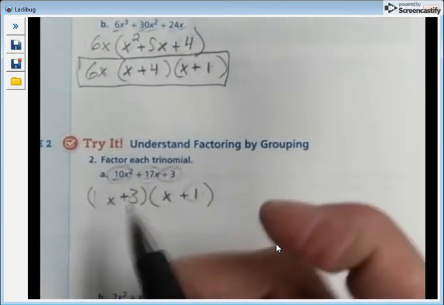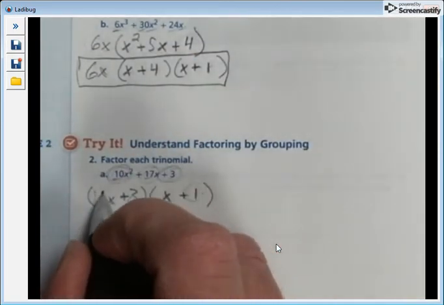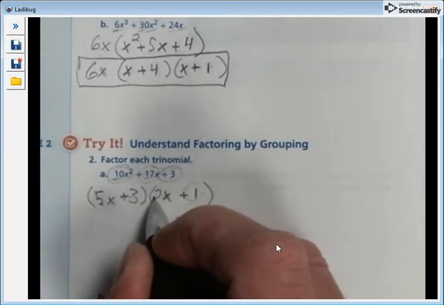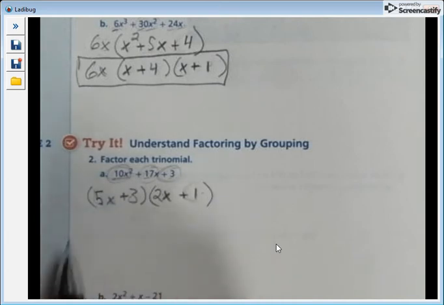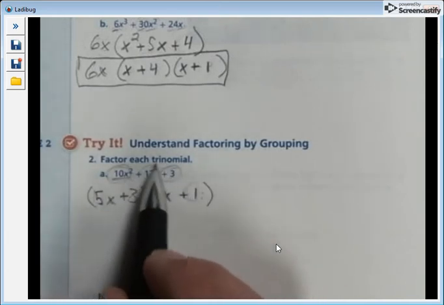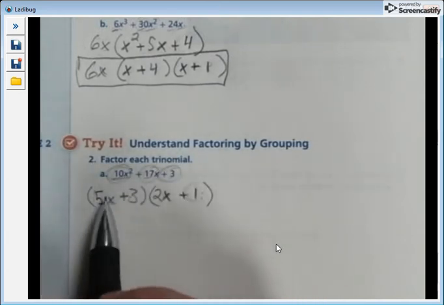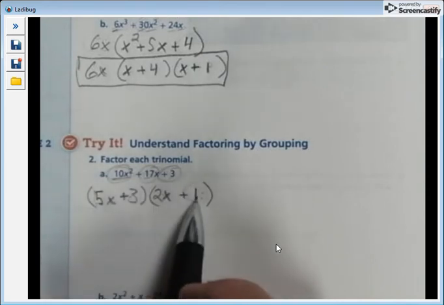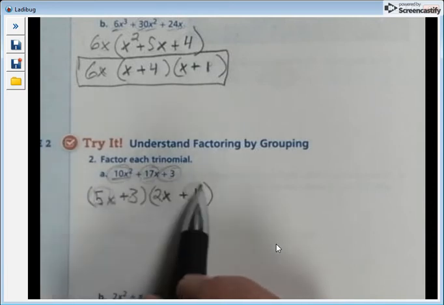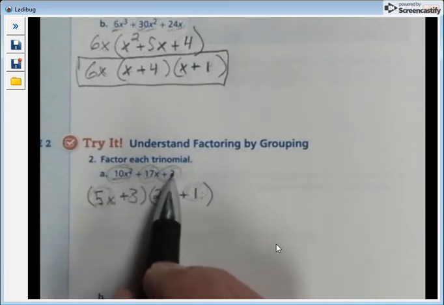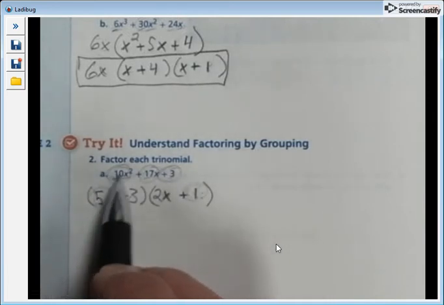But what are some other factors of 10? Well, we could try 5 and 2. So 5x times 2x is 10x squared, and 3 times 1 is 3. Now we have to figure out that middle 17. Basically, you're taking one of the factors of 10, multiplying it by one of the factors of 3.